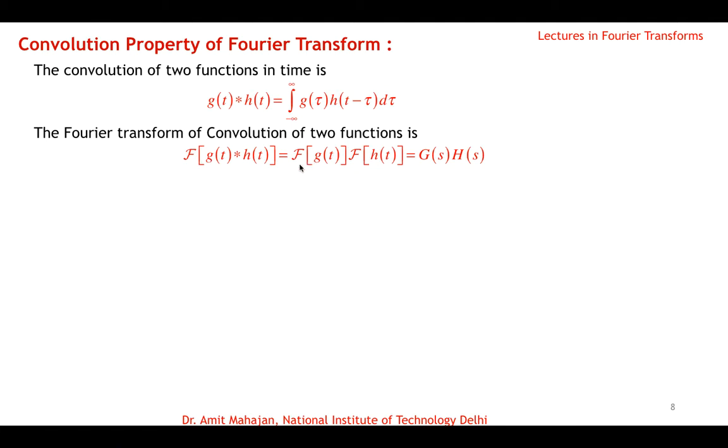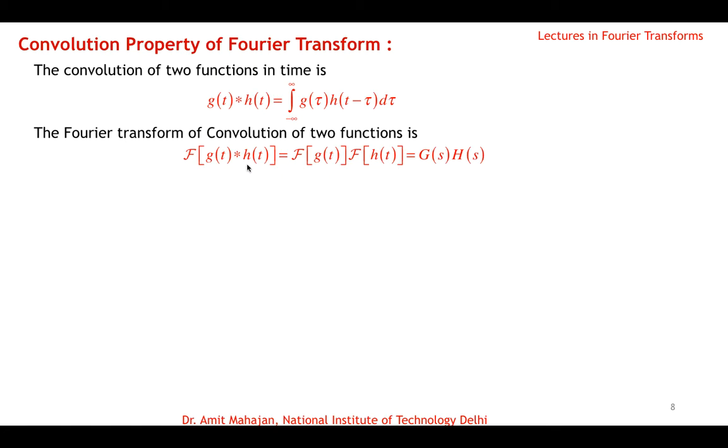The Fourier transform of the convolution of two functions is the product of their individual Fourier transforms, where the Fourier transform of g(t) is G(s) and the Fourier transform of h(t) is H(s). So immediately we can also write an inverse formula: the Fourier inverse of the product of two functions is the convolution of the inverse functions.